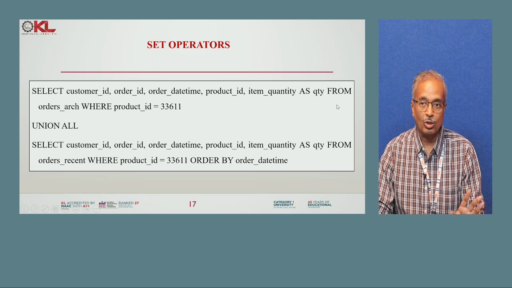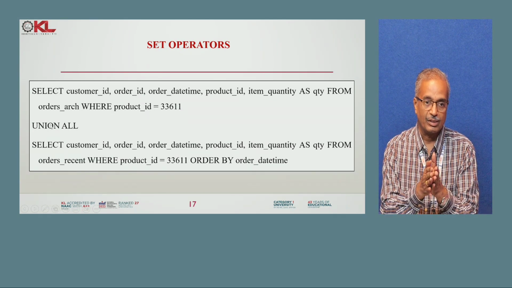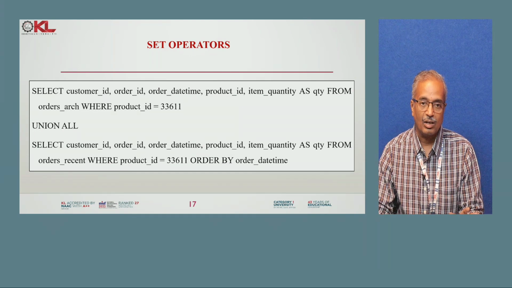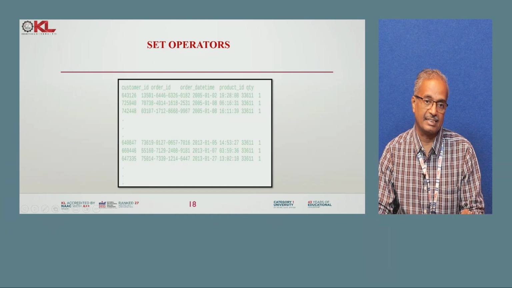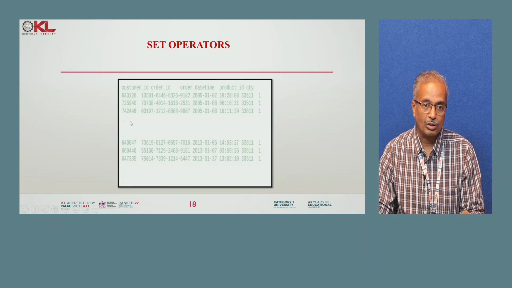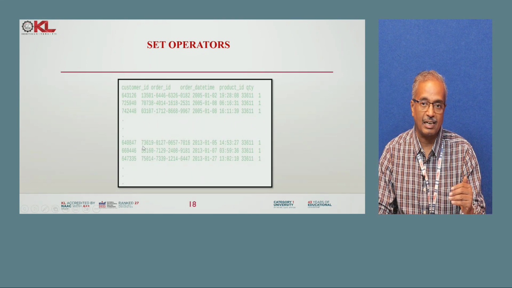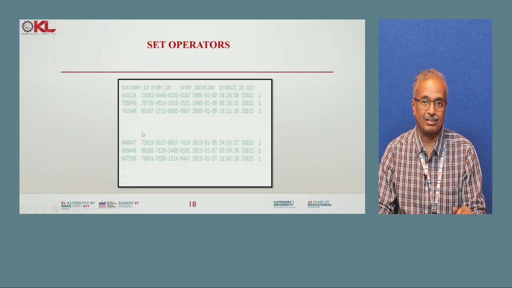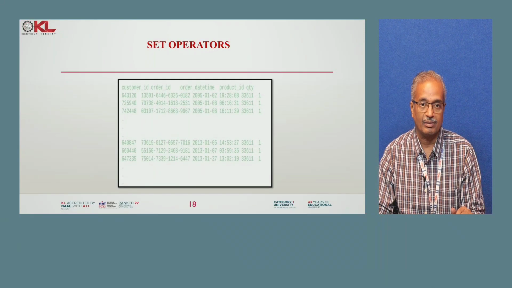By using UNION ALL, we get all the data from two tables. Union means two sets are merged. So by using UNION ALL, we can get the data like this. Here we have shown only part of it because it is not possible to display the entire data. Hope all of you are following.